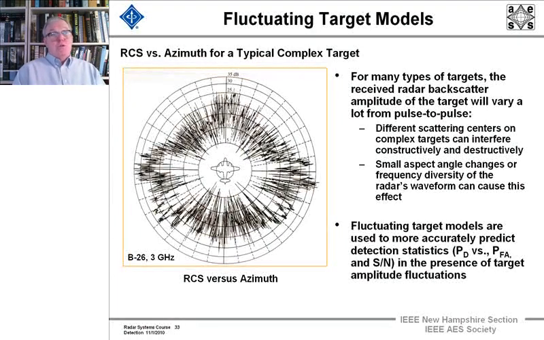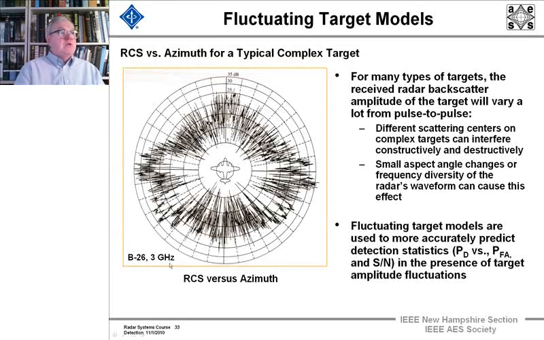So what we want to do is develop our ability to calculate probability of detection versus probability of false alarm and signal-to-noise ratio, with this effect. And small aspect angle changes or frequency diversity, that is changing from pulse to pulse or scan to scan, can cause this effect, can cause the different constructive and destructive interference.